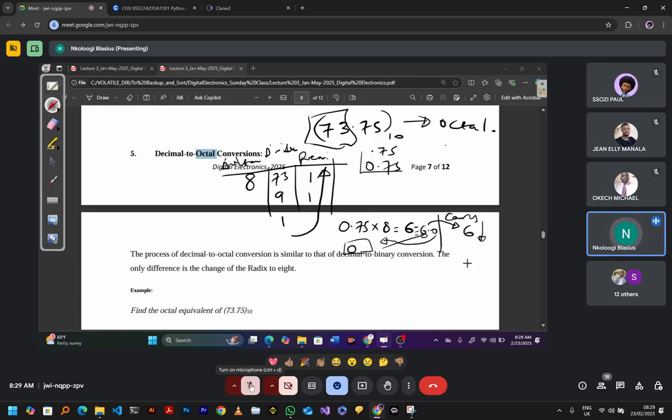So in this case, the answer will be 6 for the fraction part, and you had 1, 1, 1 for the integer part. So combining this, you will have 111.6. But this is base what? Base 8. Like I told you, you could write it like this as a subscript, but don't get confused if you have a number written like this.